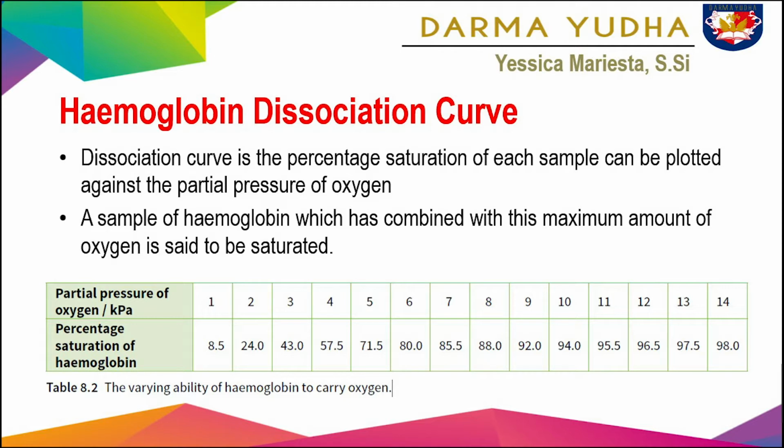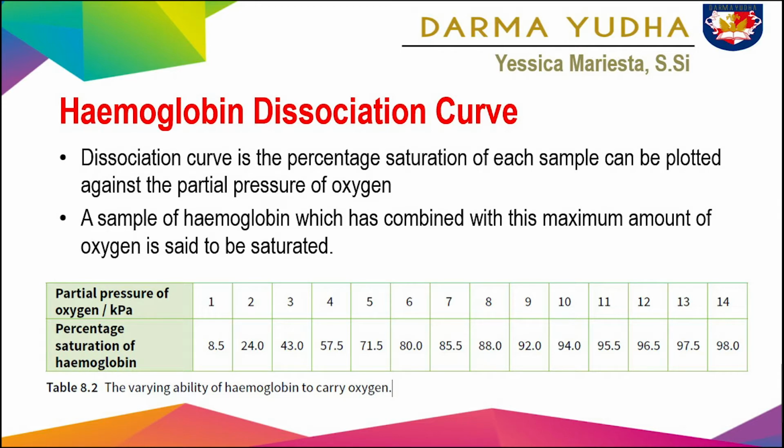To investigate how hemoglobin behaves, samples are extracted from blood and exposed to different concentrations or partial pressures of oxygen. The amount of oxygen which combines with each sample of hemoglobin is then measured. The maximum amount of oxygen with which a sample can possibly combine is given a value of 100%.